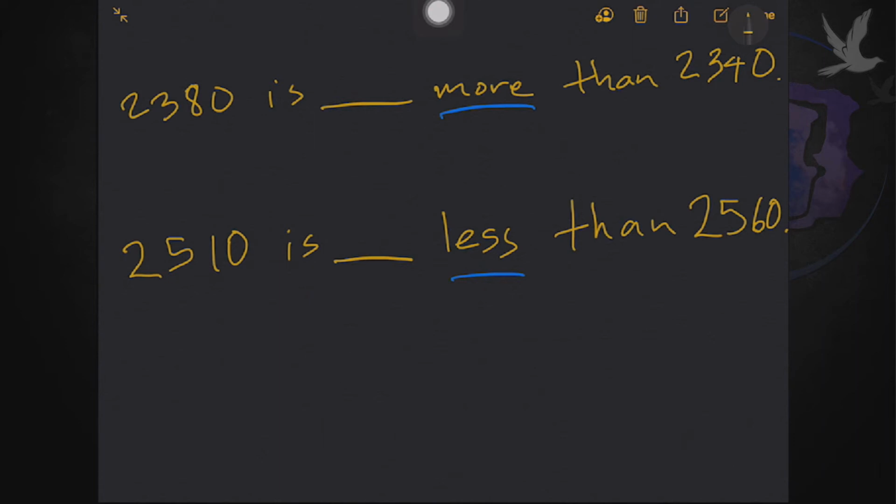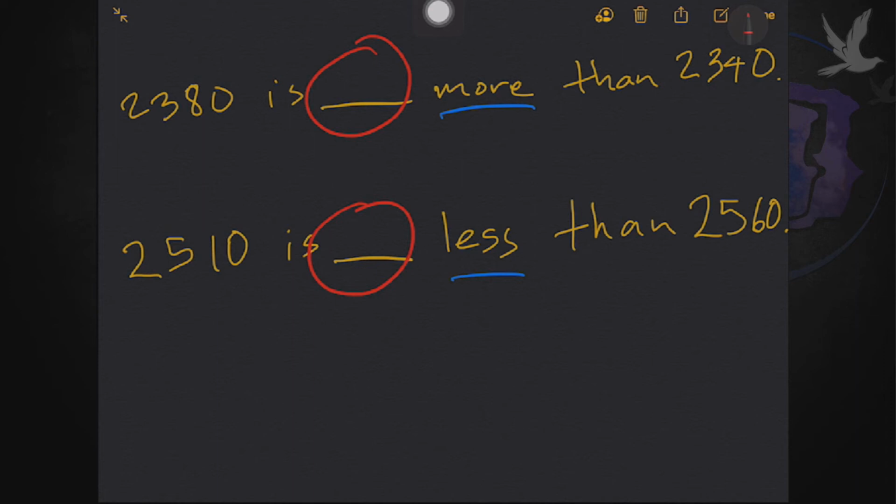Okay, for this activity, if you notice, what's missing is the difference between two numbers. Okay? It says there for number 1, 2,380 is blank more than 2,340, while the other sentence says 2,510 is blank less than 2,560.